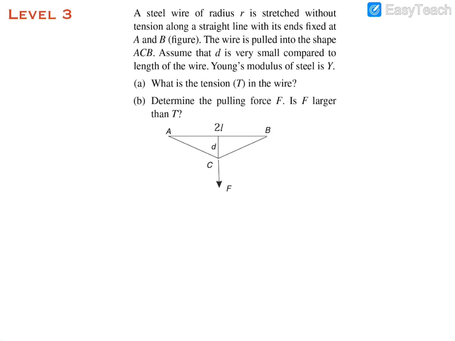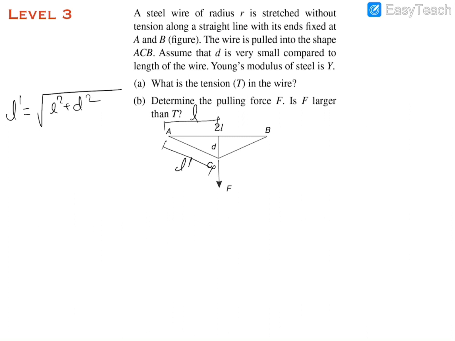First of all, let's suppose this is the initial length L and this is the final length, L dash. By applying the Pythagoras theorem, L dash would be equal to root of L square plus D square.